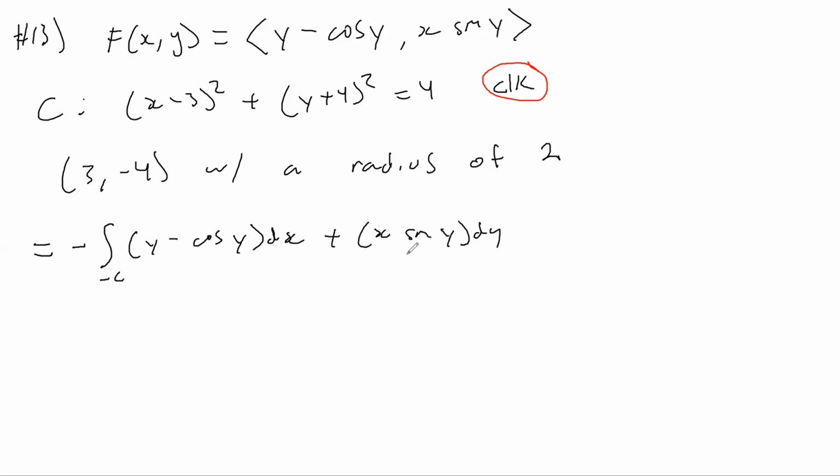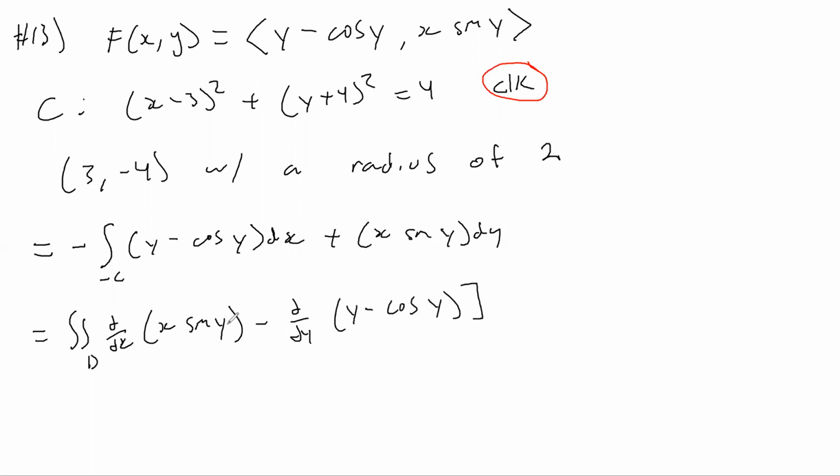Now applying Green's theorem, we have the double integral over D of the partial derivative with respect to x of x sine y, minus the partial derivative with respect to y of y minus cosine y, all with respect to dA.